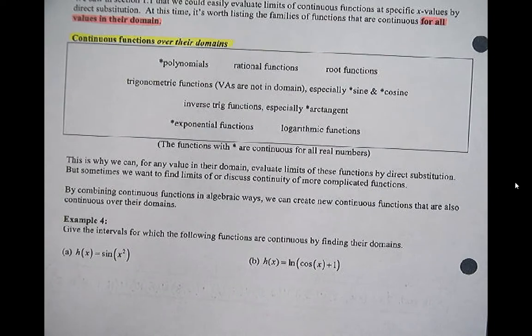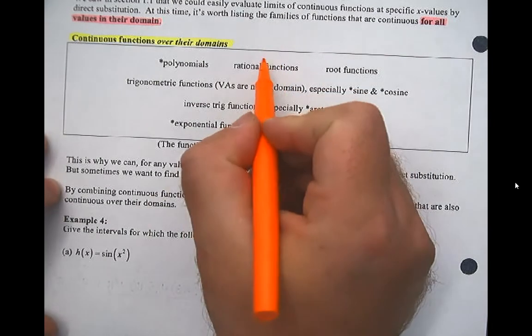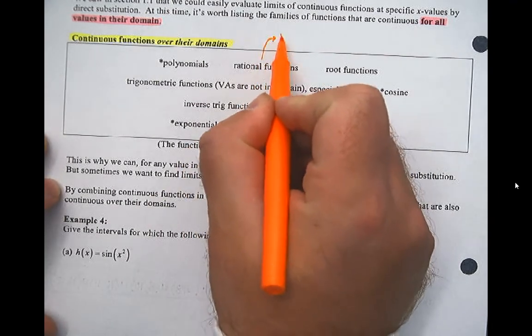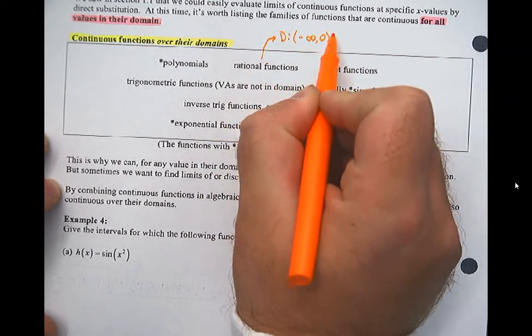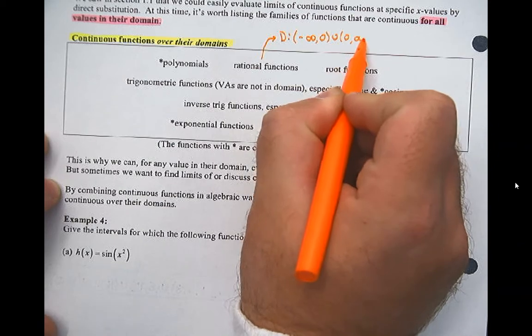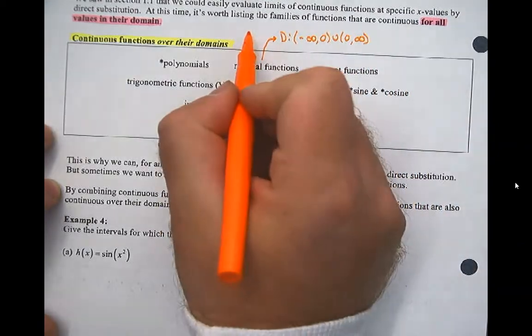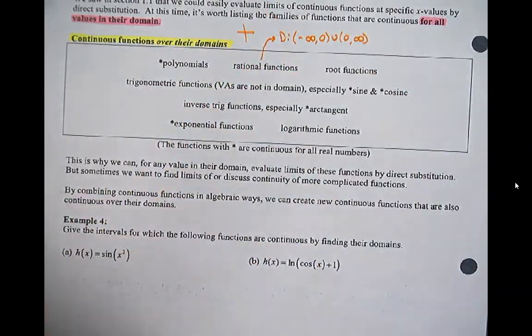So let's take a look at rational functions, for instance. What's the domain of a rational function? It'd be from negative infinity until 0, union 0 until infinity.